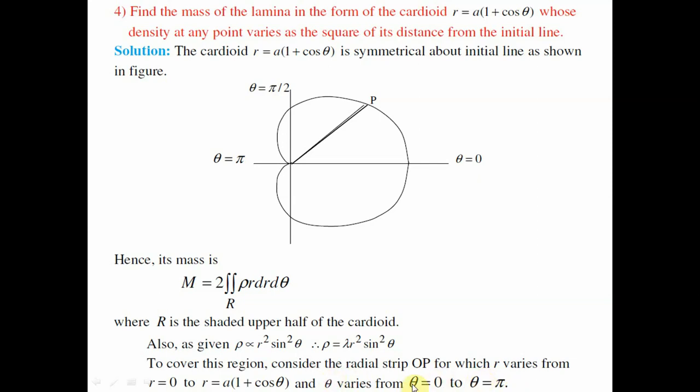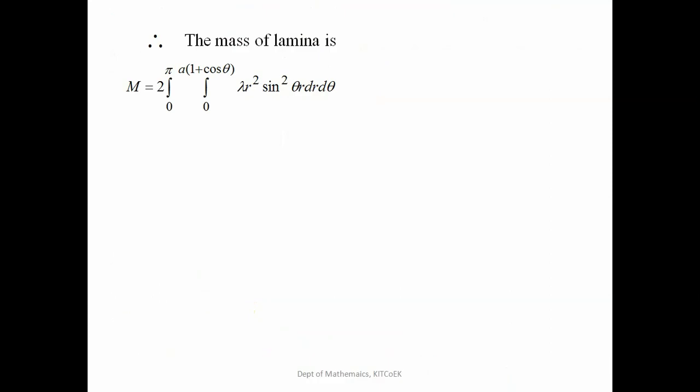So substituting these limiting values as well as the value of rho in this formula, we will get the total mass of that cardioid given by the double integral m equal to 2 times integration 0 to pi, integration 0 to a into (1 plus cos theta), lambda r square sine square theta, this is the value of rho, r dr d theta.